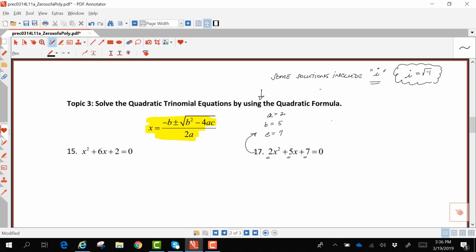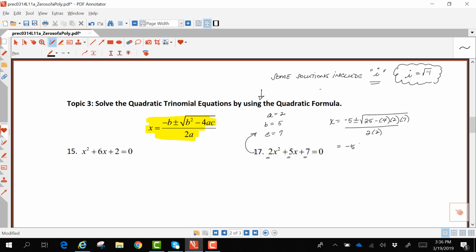So my solutions will be x equaling negative b plus minus the square root of b squared minus 4 times a times c, all over 2 times a.